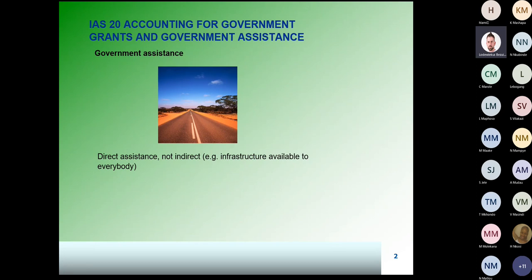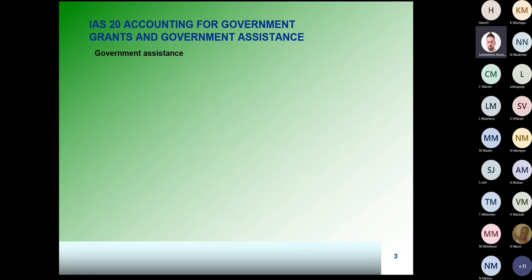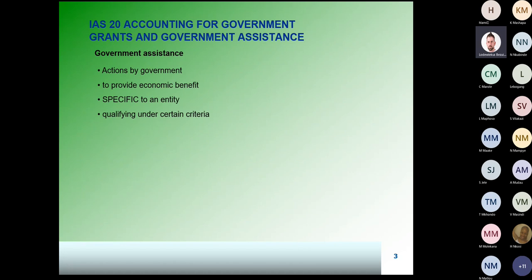Or they can provide us with a piece of land that we can farm on. So it's not our property, it's not our asset, but they just provide us with assistance to help us to do something to help the community. All right, so government assistance is an action by government to provide some economic benefit. We get an asset to use.